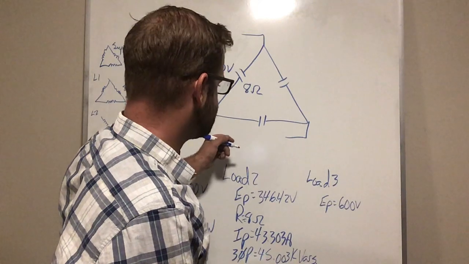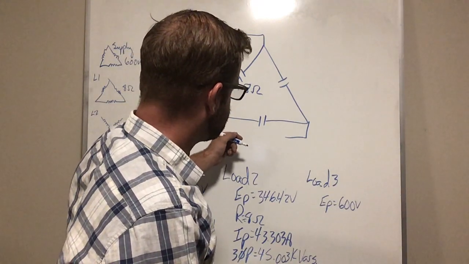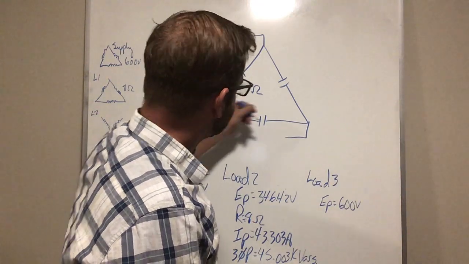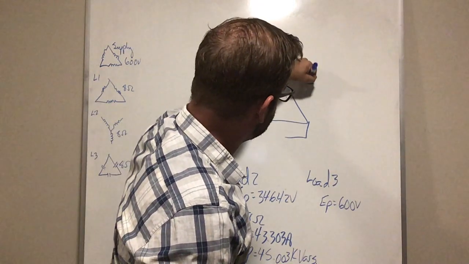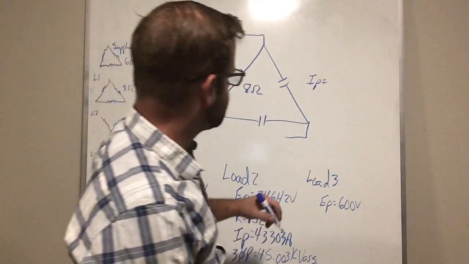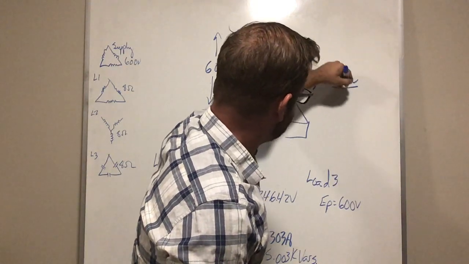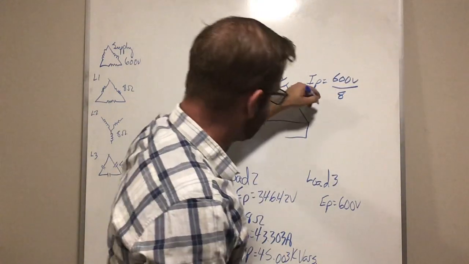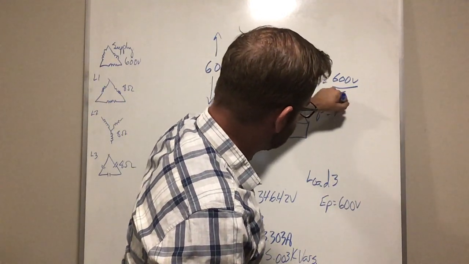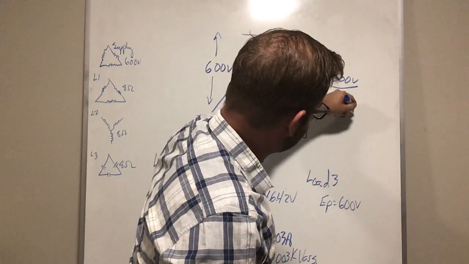So I phase is going to be 600 volts divided by 8, and what we figured out last time with the first load, that it's 75 amps.